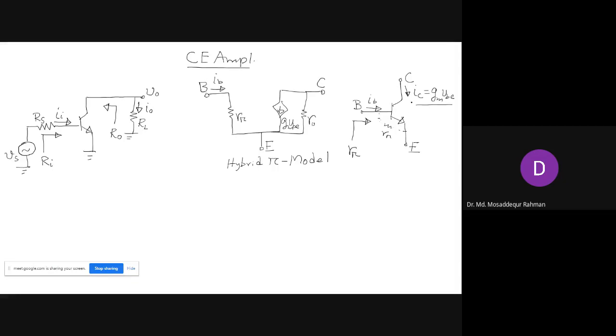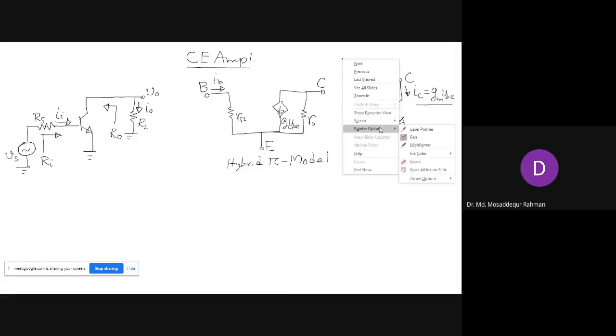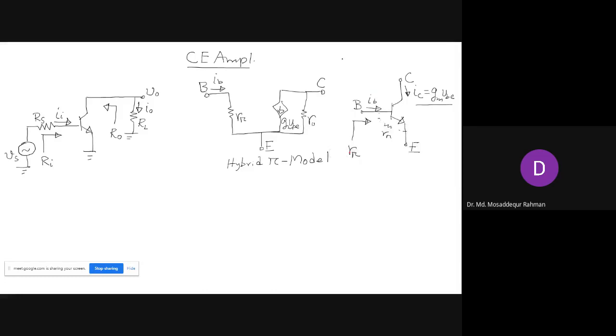The collector current IC depends on the voltage between base and emitter, the base-emitter voltage. This is our VBE.